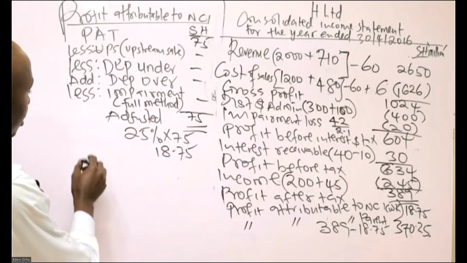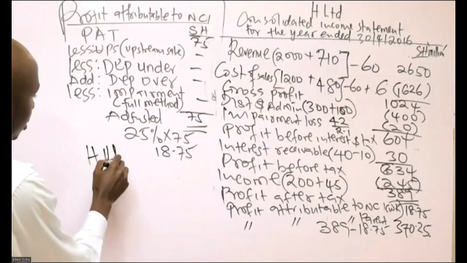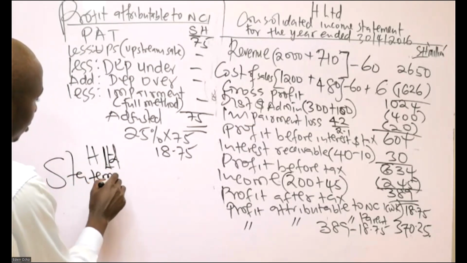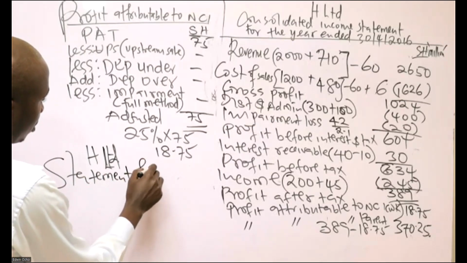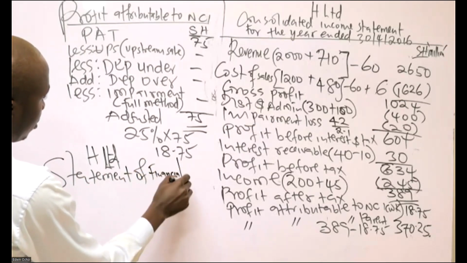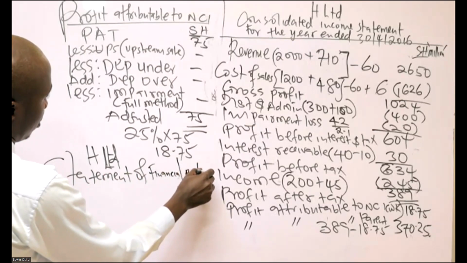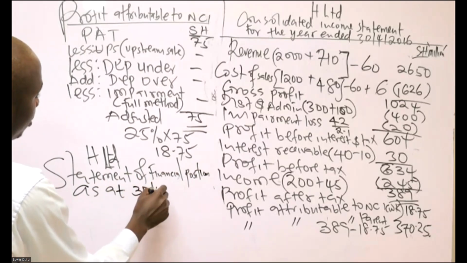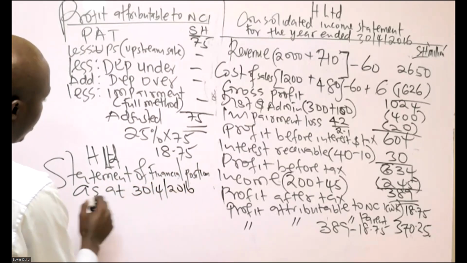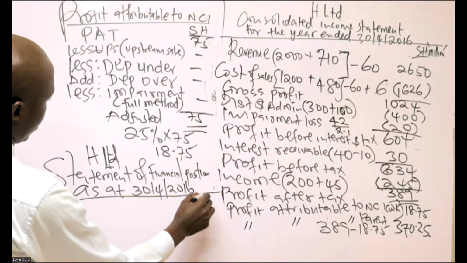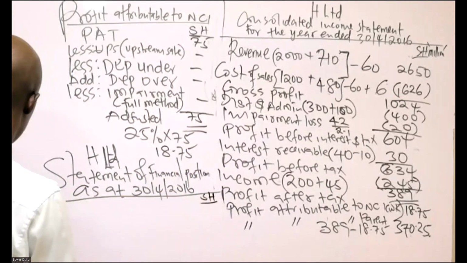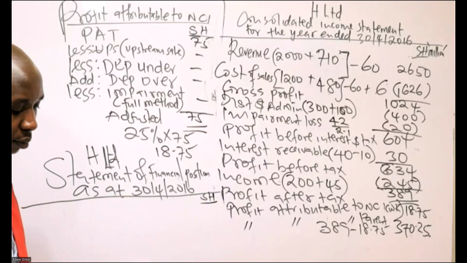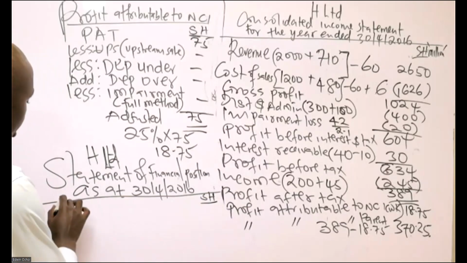So I can continue here. So H Limited. Statement of financial position as at 30th April 2016. So assets.